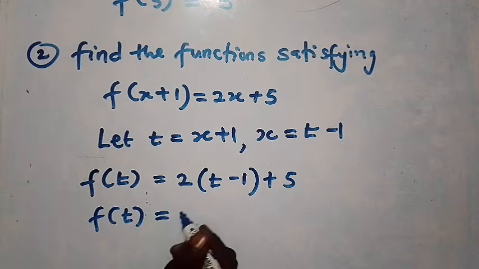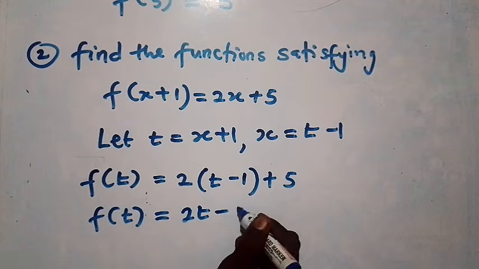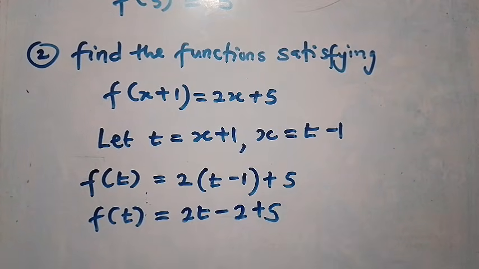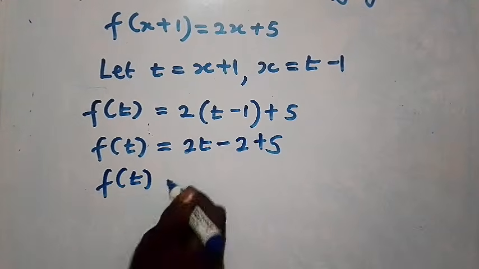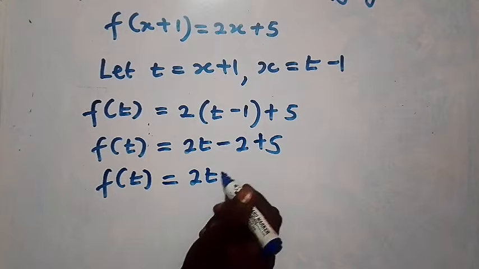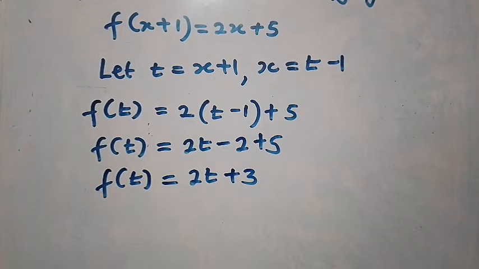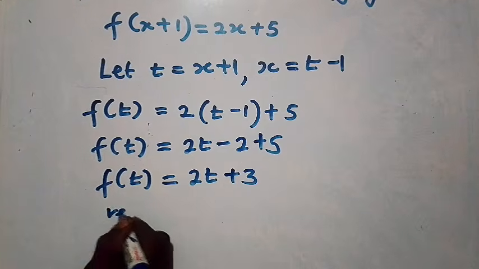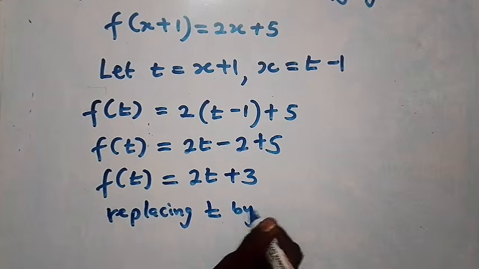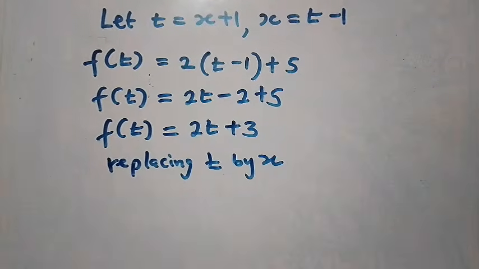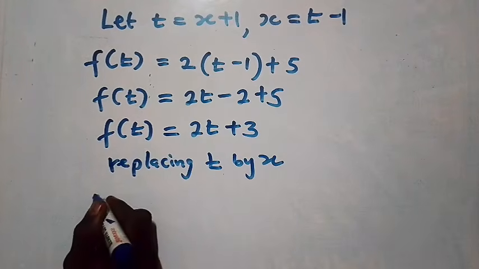F of t will be equal to, let's expand the bracket, 2 times t, that is 2t, minus 2 multiplied by 1, 2, plus 5. F of t will be equal to 2t minus 2 plus 5, that is plus 3. Now, replacing t by x, that is, anywhere we find t, we just replace it by x.